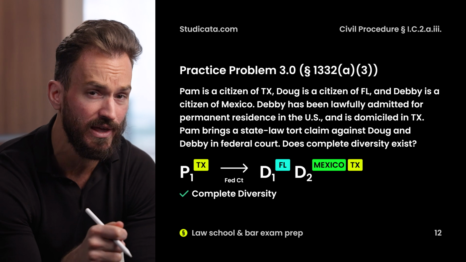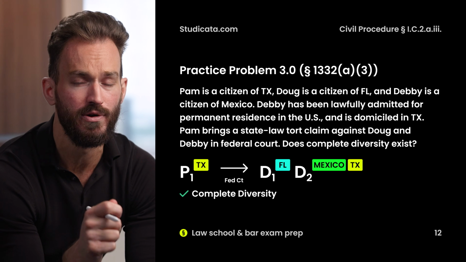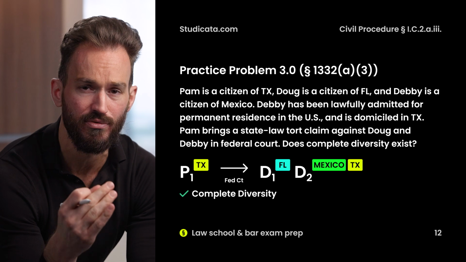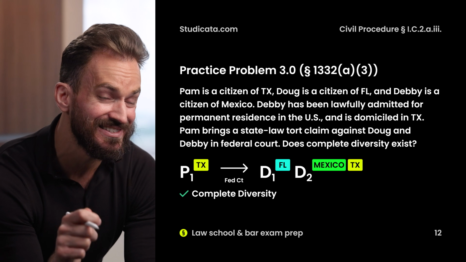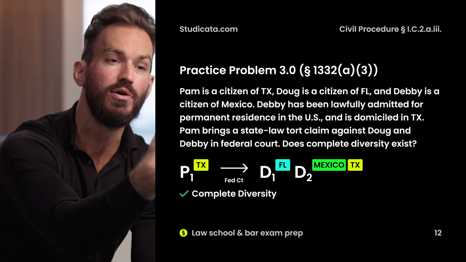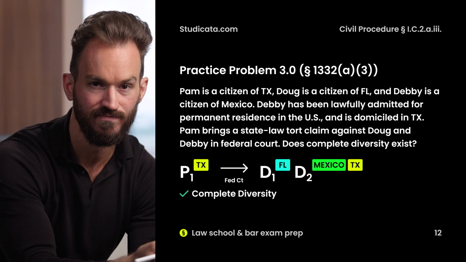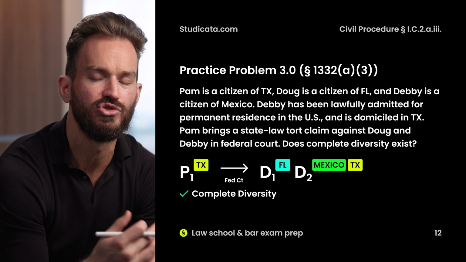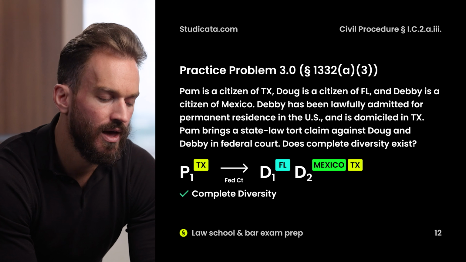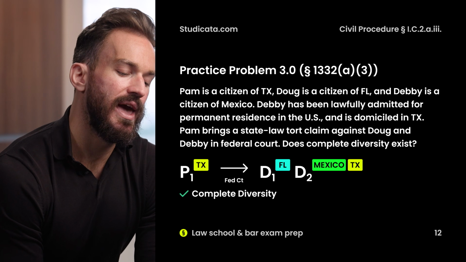We actually have to look at, okay, if that foreign party is a permanent resident, where are they domiciled? If that's the same place as any of the opposing parties are citizens, that state citizenship is shared, then it destroys complete diversity. Okay, that's 1332(a)(2) and (a)(3).